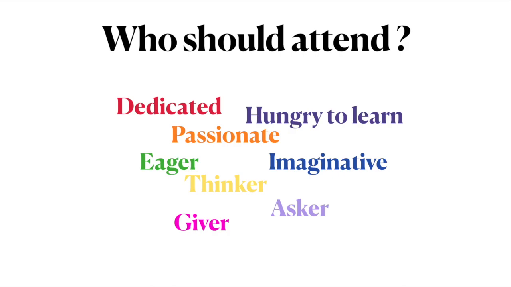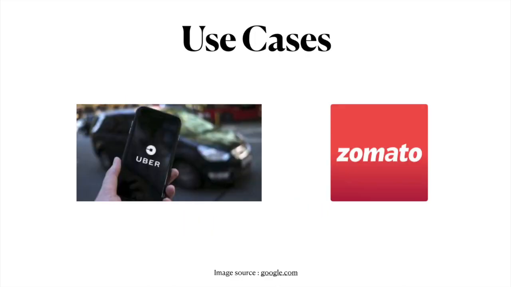Now let's have a look at some use cases of GIS where people have leveraged the knowledge of GIS with web technology. Uber and Zomato are in our talks every day, but have you ever wondered why sometimes they show higher prices for the same thing compared to other days?